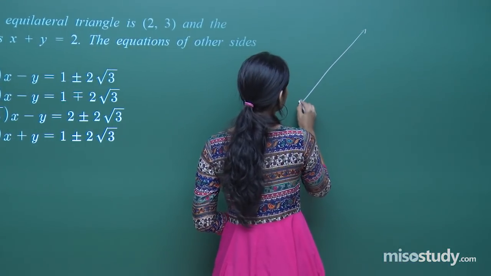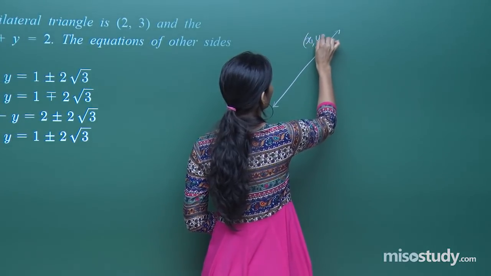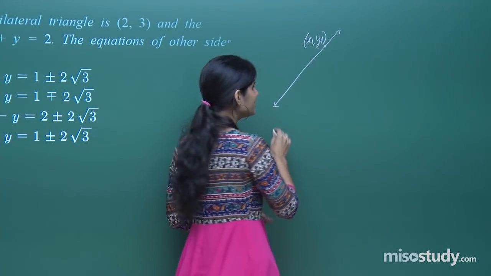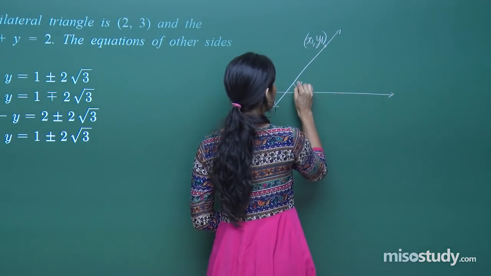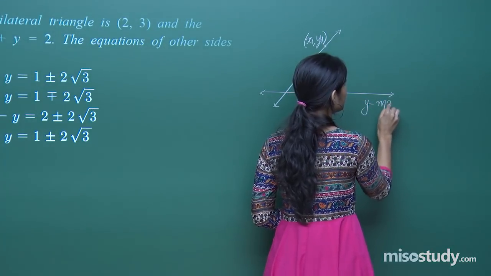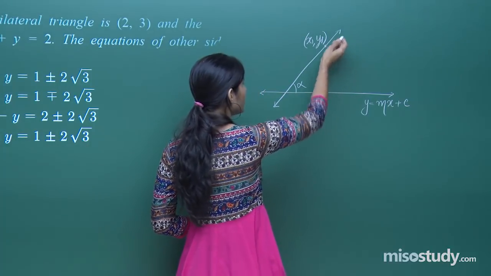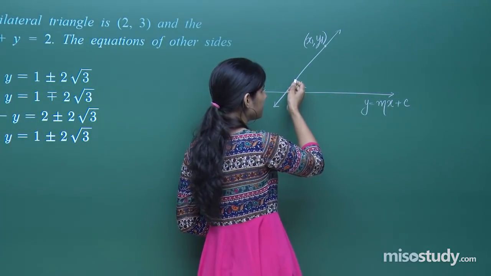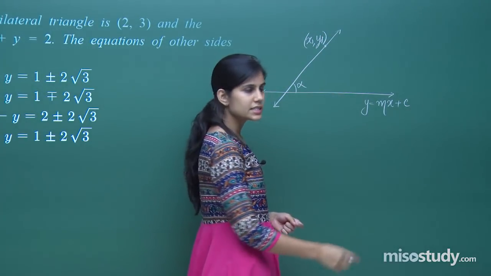If there is a line passing through a point (x1, y1) and is making, say, an angle alpha with another line which is y equals mx plus c, m is obviously the slope of this line, then the equation of the line making an angle alpha with the line y equals mx plus c and passing through the point (x1, y1) is given by what?